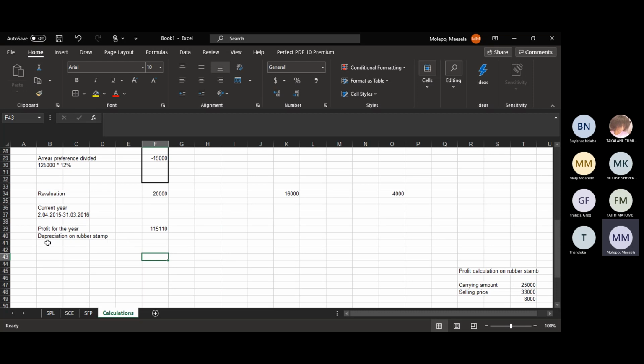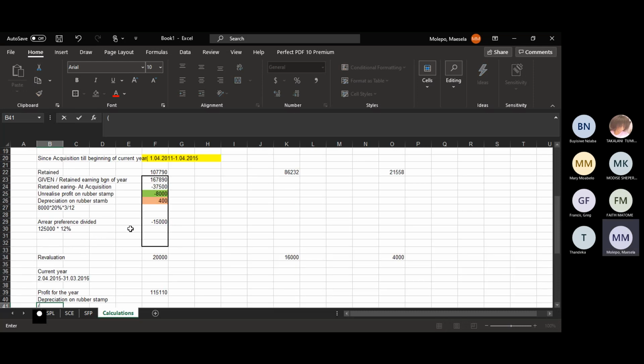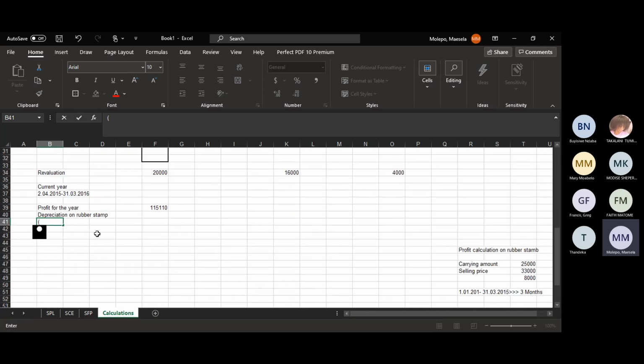So she will record it based on the profit realized by me as Khatebe. The profit realized by me is 8,000, which is still unrealized because Tandeka didn't use the whole asset yet. So it will be 8,000 multiplied by 20%, then multiplied by the whole year, which will be 12 over 12.